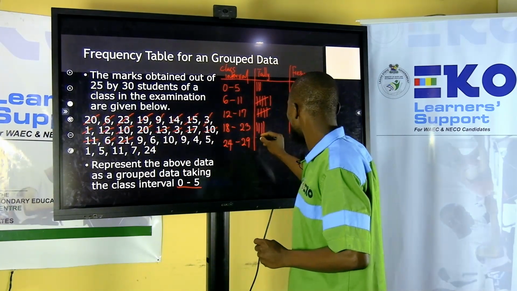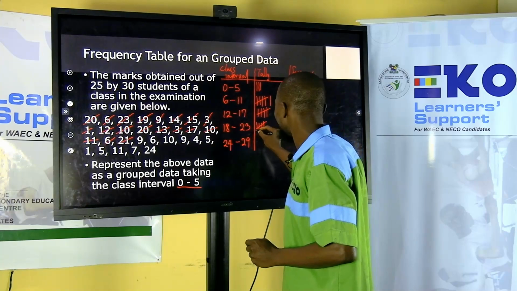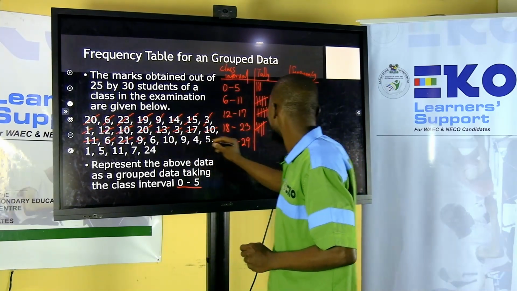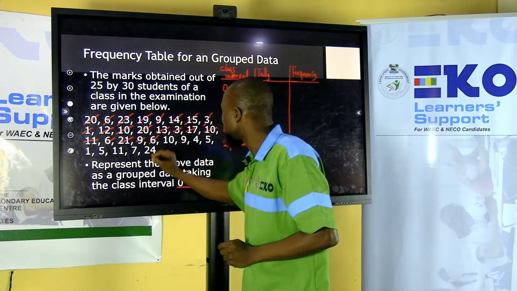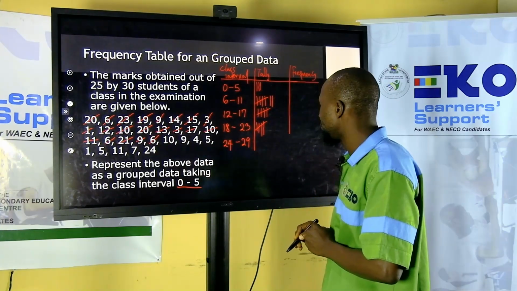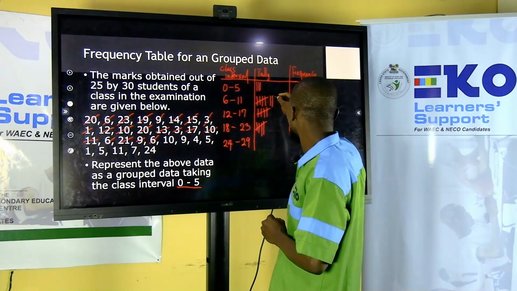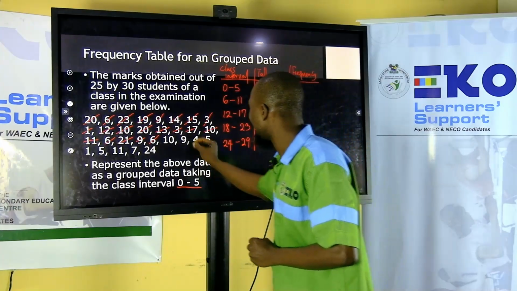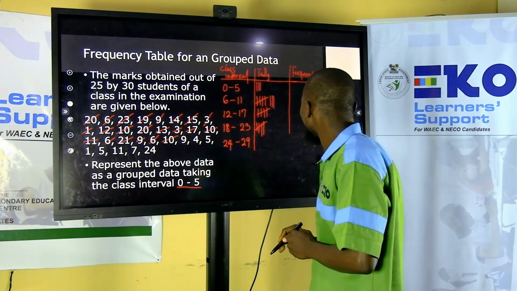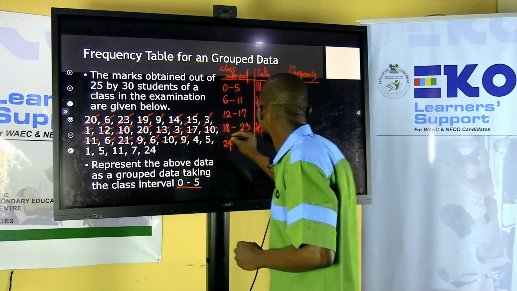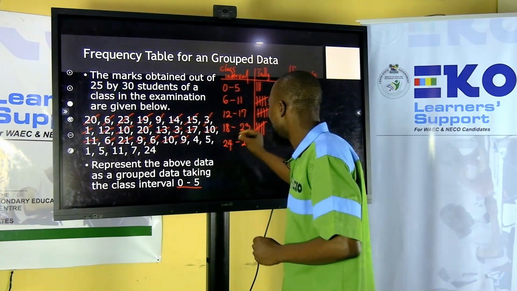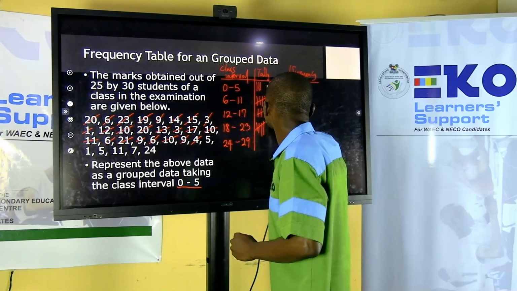21 is here. 9. 6. Hope you are following. 6, where do we find that? Here. 10, where do we see 10? Here. 9, where do we see 9? Here. 4, where do we see 4?